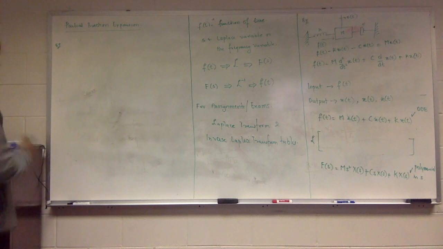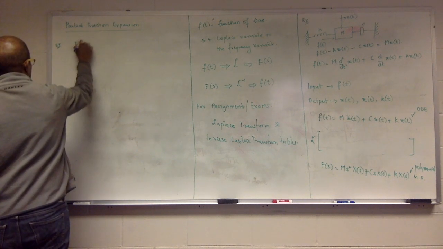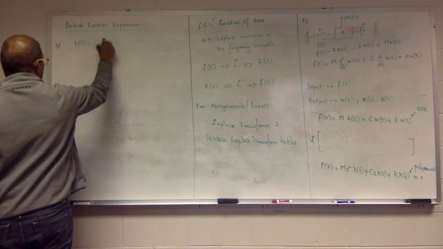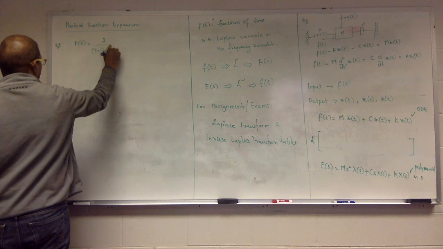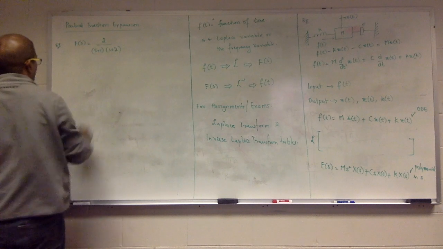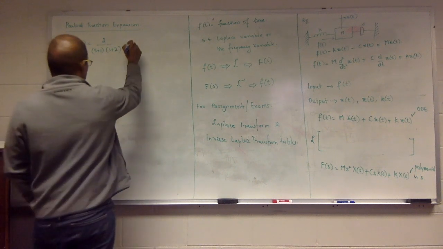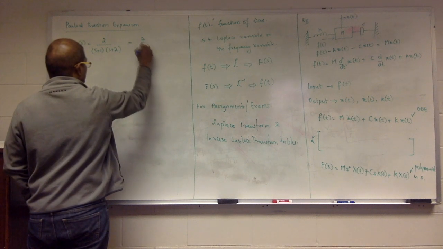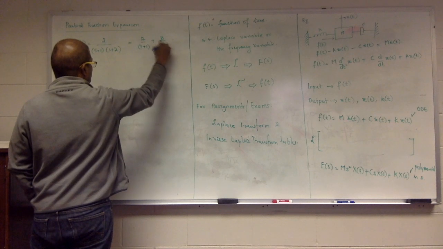So if you have F of s equal to 2 over (s plus 1)(s plus 2), and you want to write this as A over s plus 1 plus B over s plus 2.